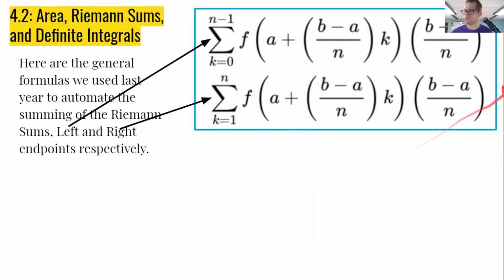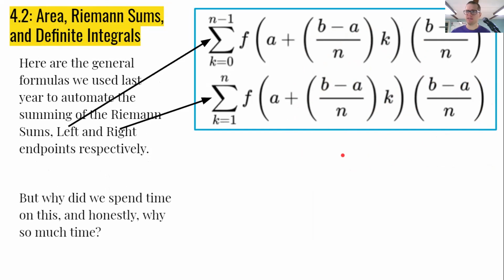So the question that I need to pose, and that I'm sure you have, is, why did we spend time on this? And honestly, why did we spend so much time using this sigma notation and the area under the curve? I don't do things without intentionality.